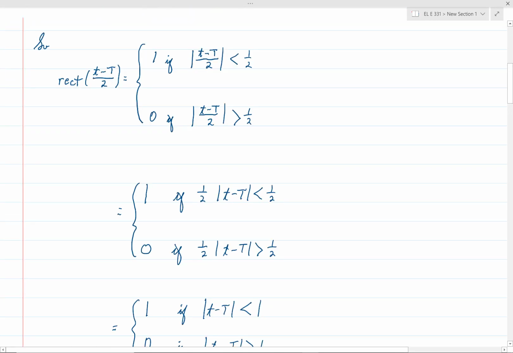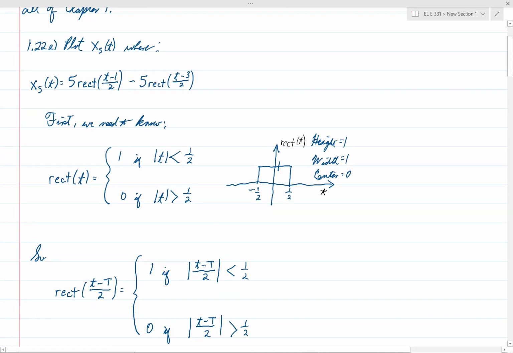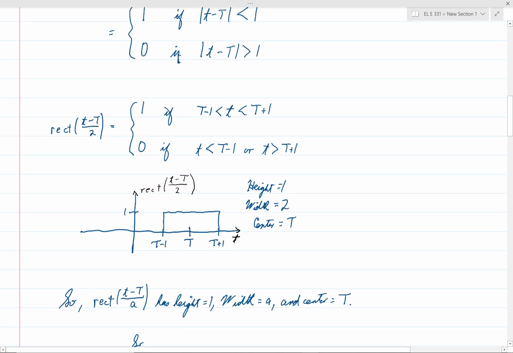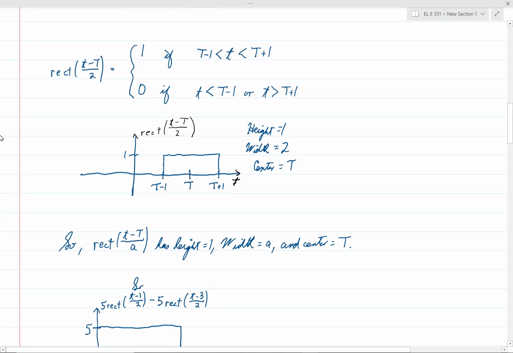Remember that in our function up here, the width is equal to 1, but now that we have changed this denominator to 2, the width is equal to 2. Furthermore, the center is no longer at 0, as was the case before, but because we are subtracting this capital T in the numerator, the center is now at capital T.